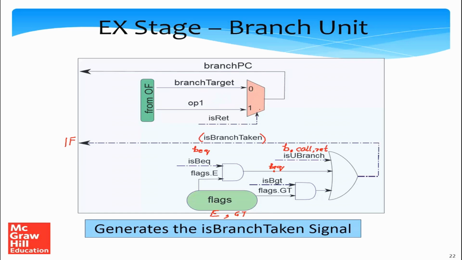Now let's take a look at this multiplexer over here. Let's assume an is-ret signal, which is again generated by the control unit, which says if an instruction is a return or not. If an instruction is of type return, then we use OP1 as the branch PC. Branch PC can be thought of as the branch target, the target of the branch where you are branching to.